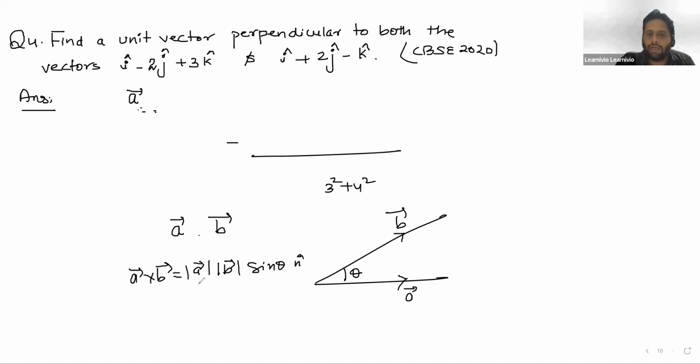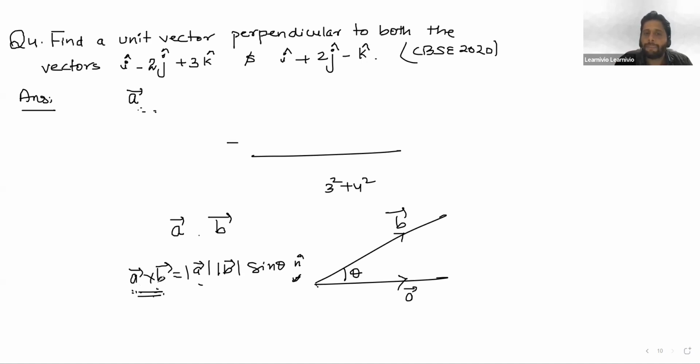So the direction of the cross product is given by this n cap. What is n cap? n cap is a vector which is perpendicular to both A and B. So if you are finding the cross product, the resultant is always perpendicular to both A and B.